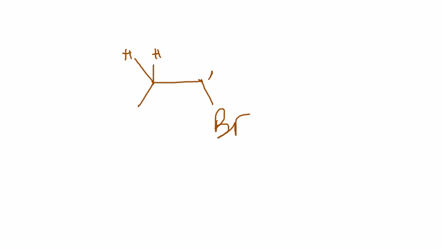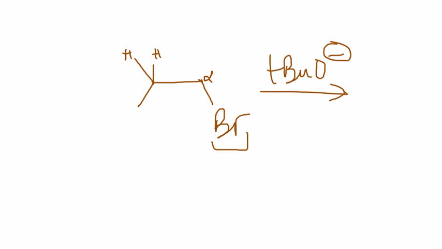This is alpha to the bromine, and if you subject this to t-butoxide reaction conditions, which are basic conditions, that t-butoxide would want to pull the proton off, electrons will move, bromine will go away. What does that tell you? That tells you a couple of things. Bonds are breaking.